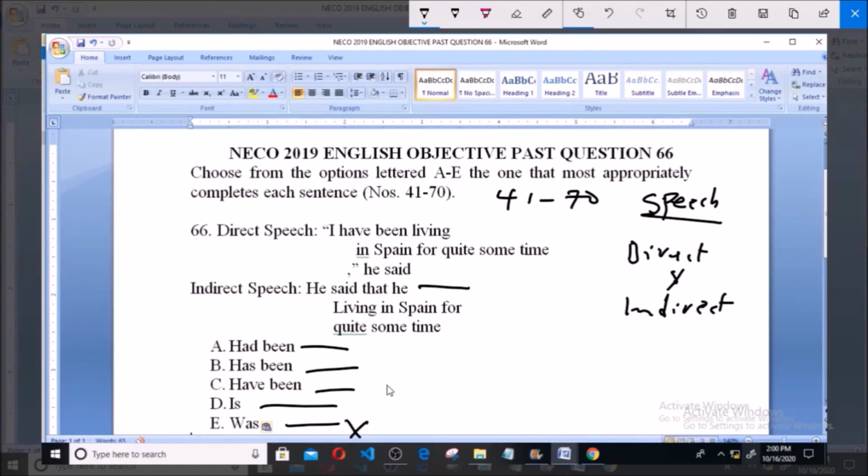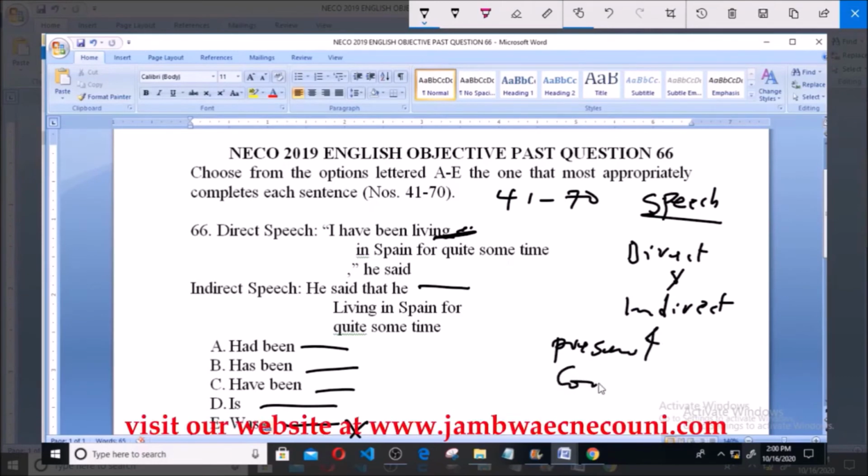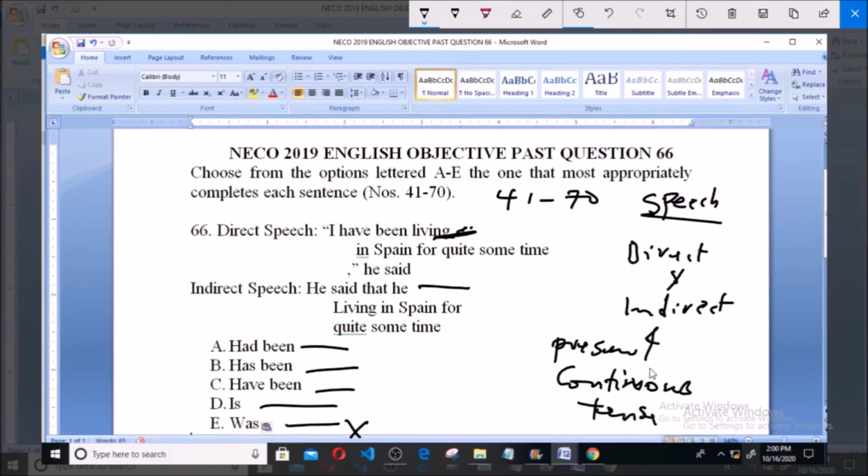Say I've been living. So living here, the verb living here tells us that it is present continuous tense. Present continuous tense. That is what this living is telling us. Present continuous tense, not past tense.